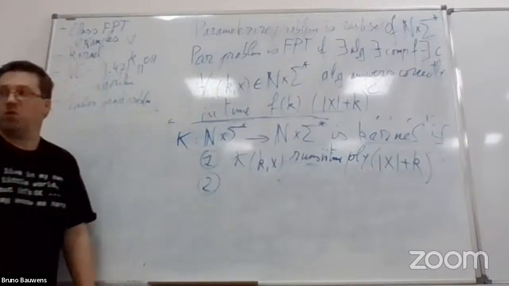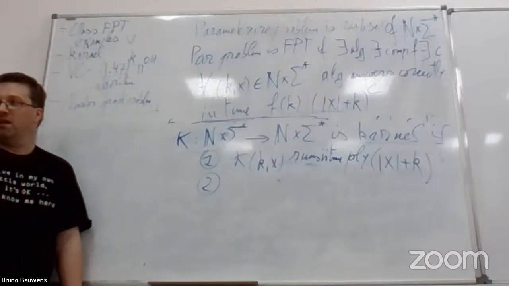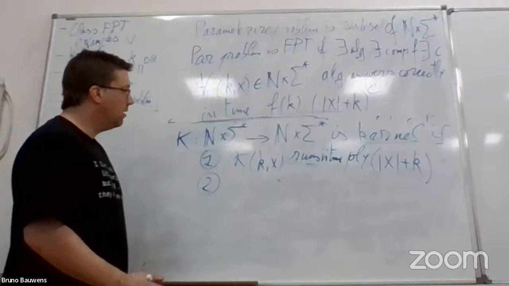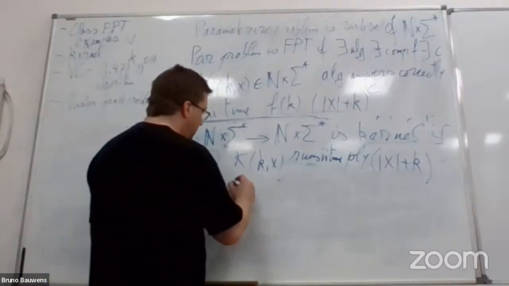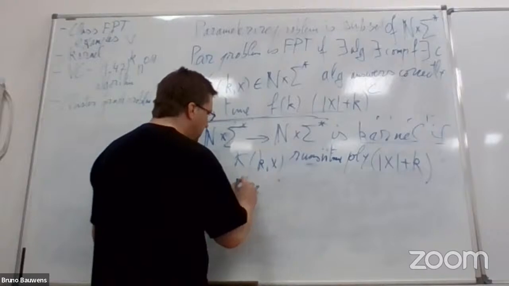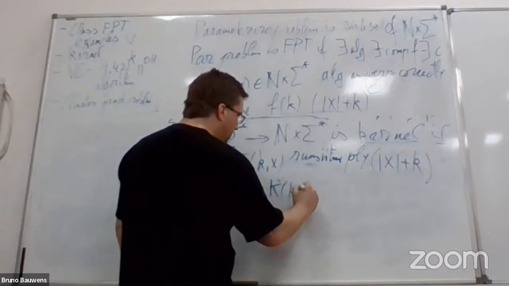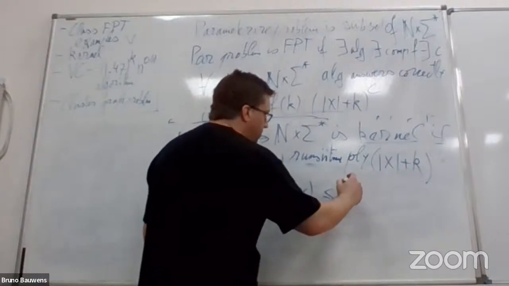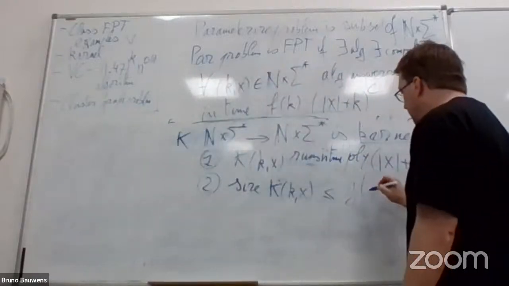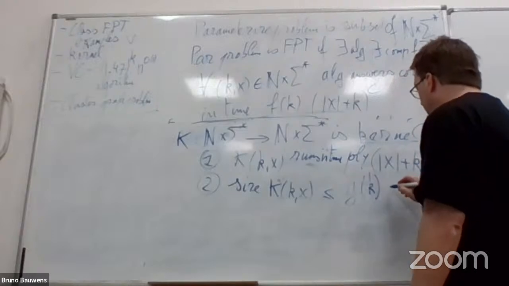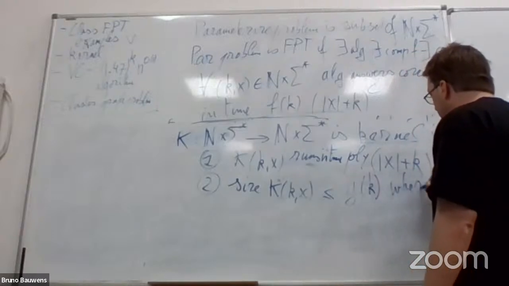Second, you remember what was second? The size of the kernel output is bounded by g of k, where g is a computable function.